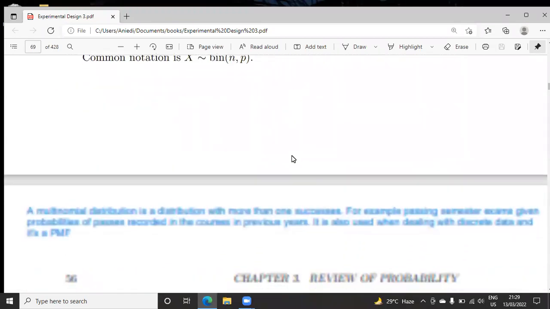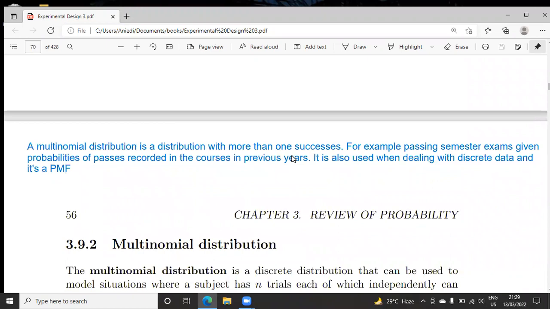In a situation whereby we have to look at a discrete kind of data, and we need more than one success, like we have several successes, we use a multinomial distribution. Like I gave an example here, semester exams can be predicted using the multinomial distribution.